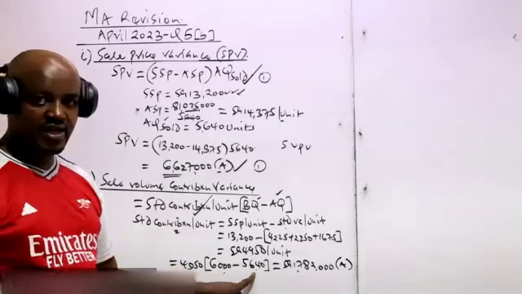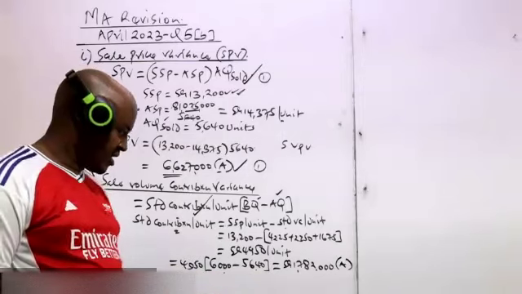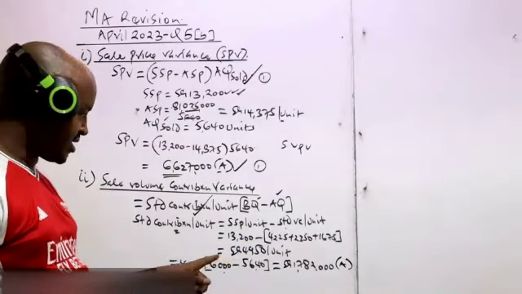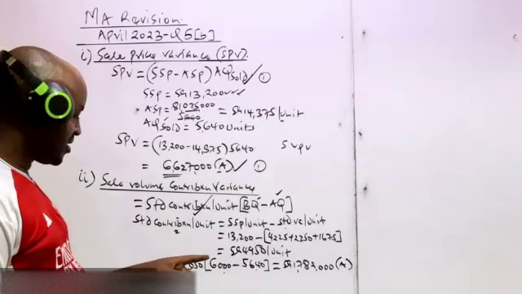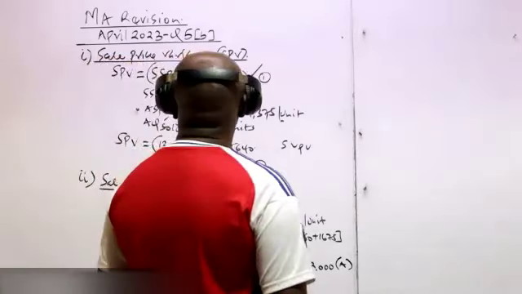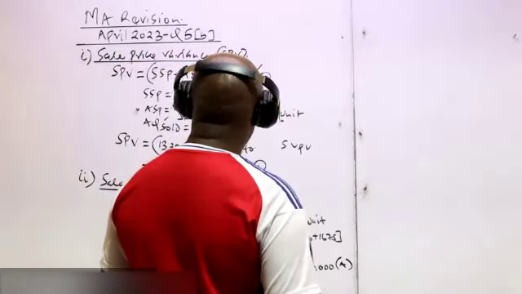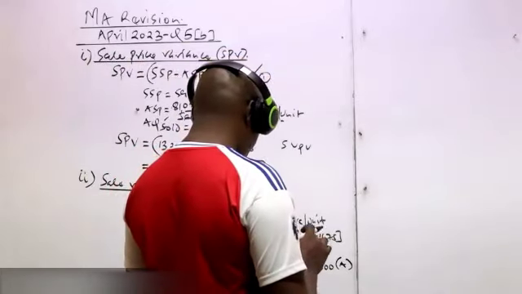If you sell less than what you had budgeted for, that variance is automatically adverse. Okay, so let's move to the other one.